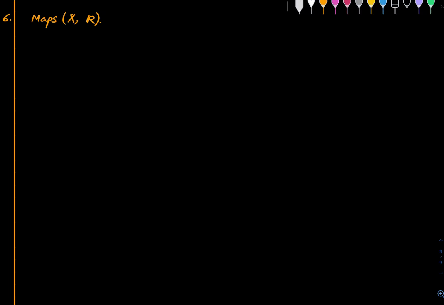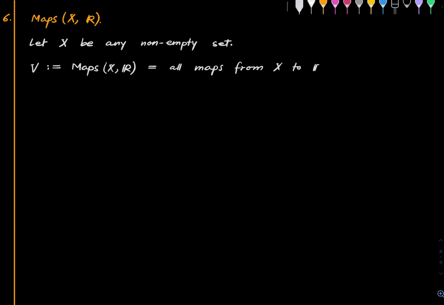So let X be any non-empty set. And define V as the set of all the maps from X to R. Okay.